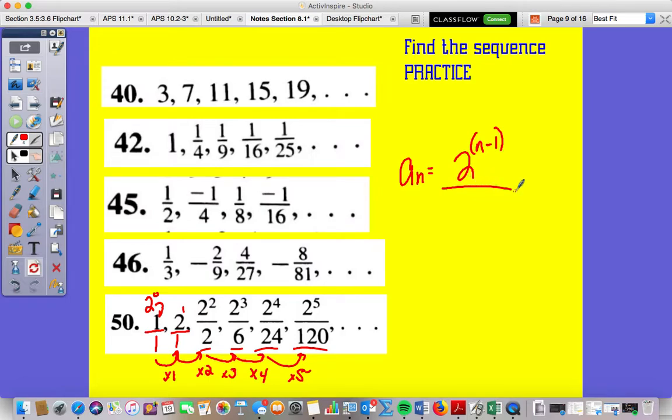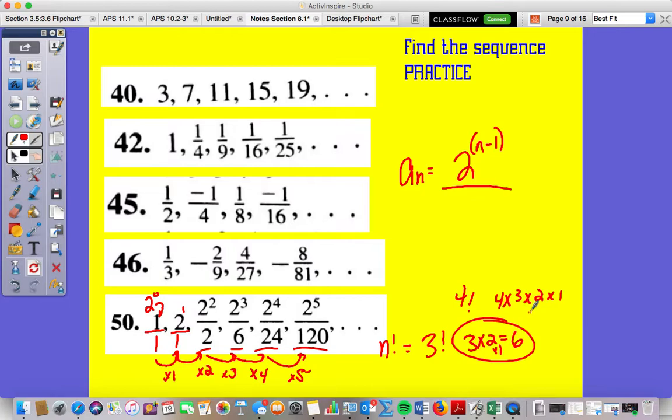Now on the bottom, when I do 1 times 1, 2, 3, 4, 5, think of n factorial, which just means that if I have 3 factorial, that would be 3 times 2, which is equal to 6. Or if I have 4 factorial, that would be 4 times 3 times 2 times 1, right? Or, yeah, this should have 1, but 1 is nothing.